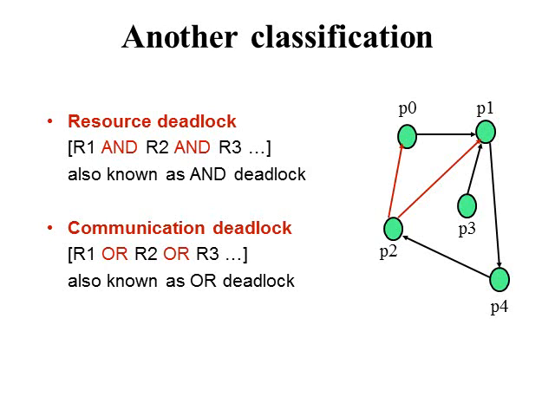That is called a communication deadlock. Since it is waiting on at least one of the processes from the dependent set to give it an OK to proceed, it is also known as the OR deadlock. So the names given for the resource deadlock and communication deadlock are AND deadlock and OR deadlock respectively.